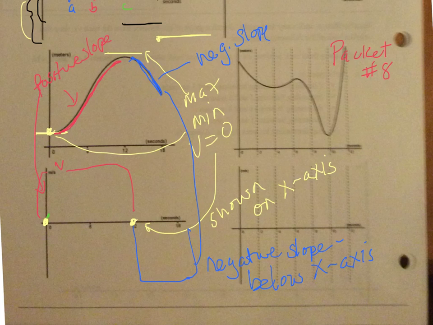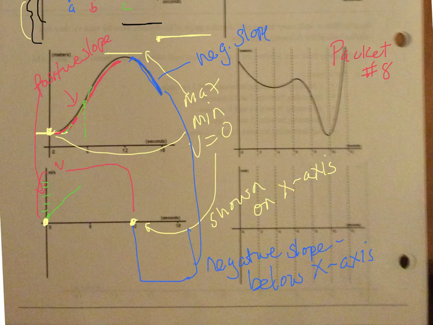And the slope of this function is getting steeper and steeper as I go to a certain point right about here, okay? The slope is getting bigger and bigger, and that's shown by higher velocity values.